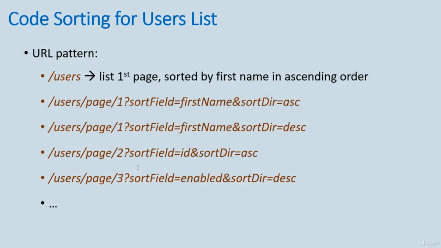Okay. Then we need to update the user controller class to handle the new parameters sortField and sortDir in the URL here.